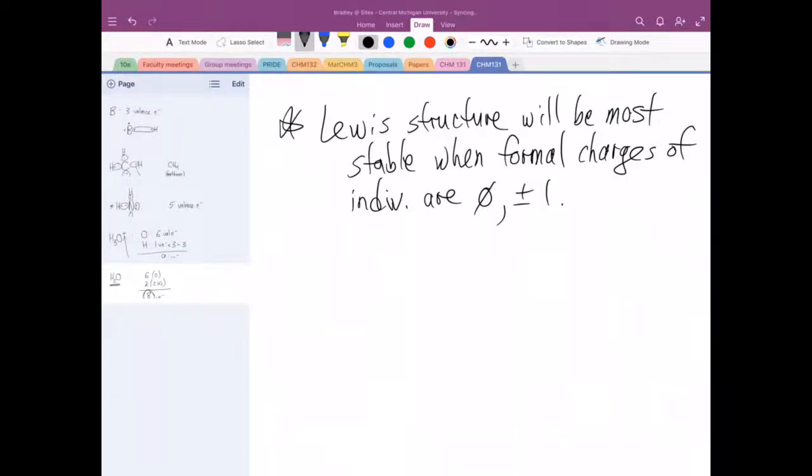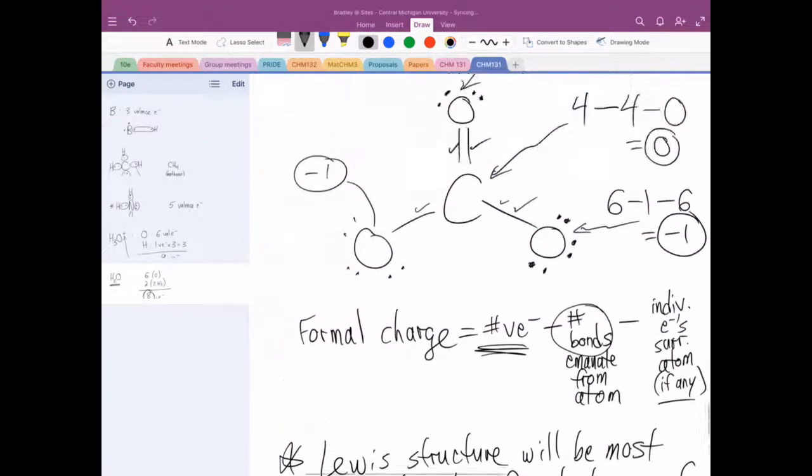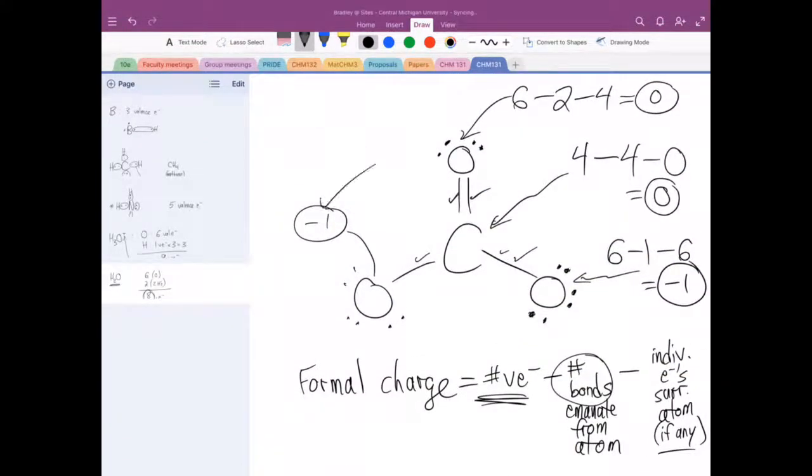So if at all possible, try to get the formal charges to 0, using double bonds for instance. But if you're not able to, plus or minus 1 is cool, right? Just like we saw here. So we had 2 atoms that had a -1 formal charge, and that was fine. The rest were zeros, okay?